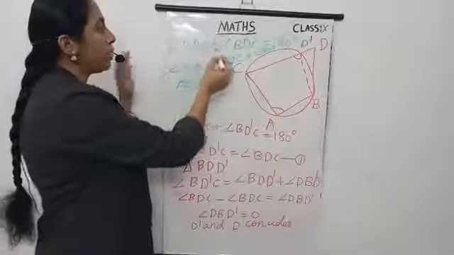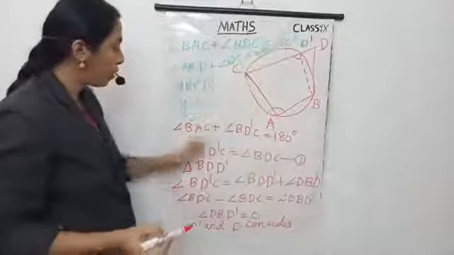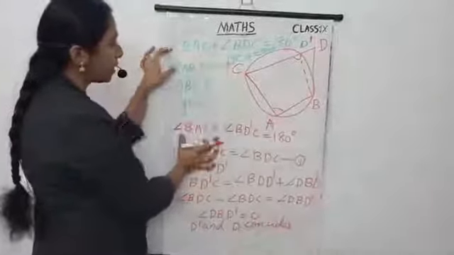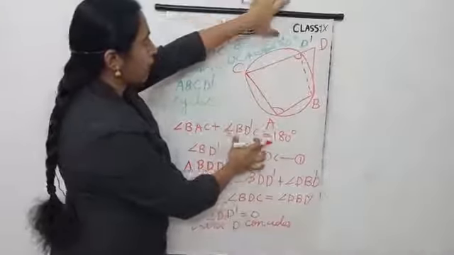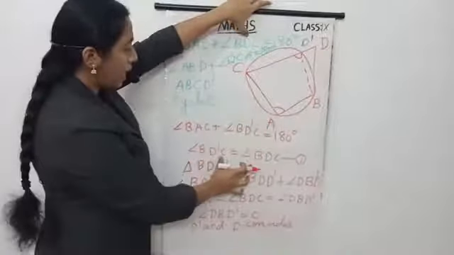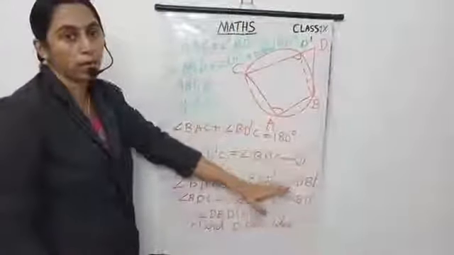Why? In the statement it is given that angle BAC plus angle BDC equals 180 degrees, and here angle BAC plus angle BD dash C equals 180. That means angle BD dash C and angle BDC are equal. So that is the first equation.